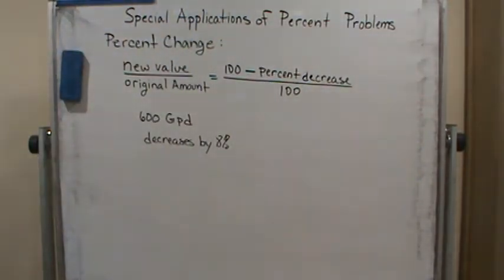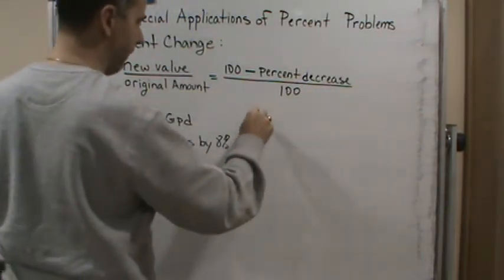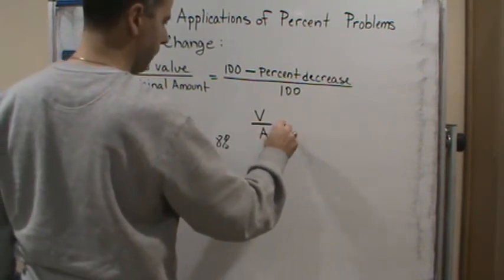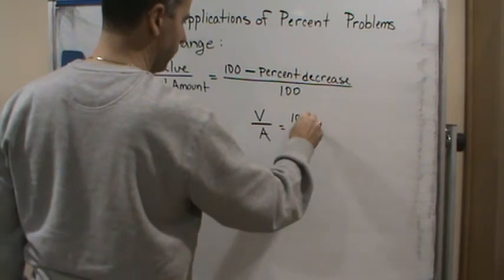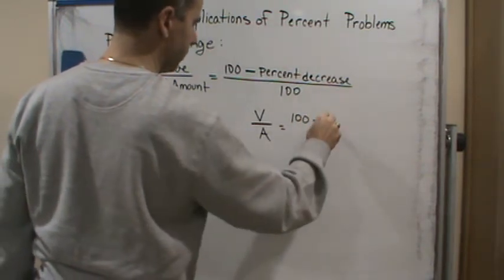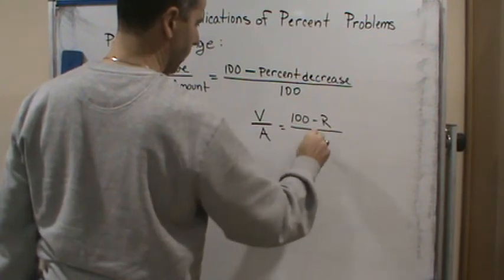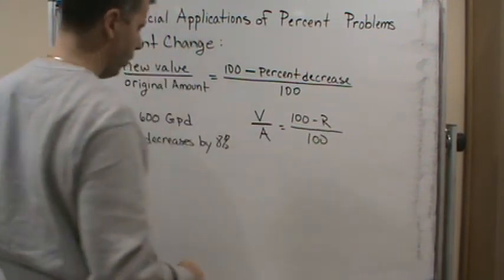Okay, so now let's put in our numbers. The new value over the original amount equals 100 minus the percent decrease, I'll just say rate, over 100.